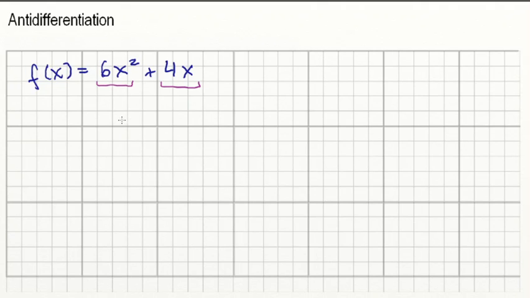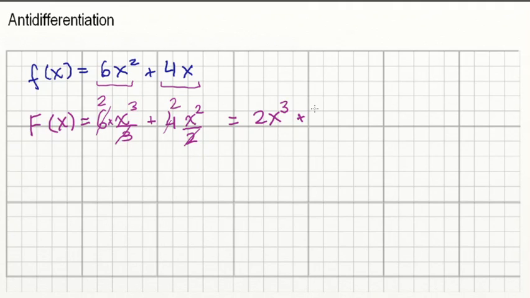Well, we already know that we increase our exponent by 1 and divide by the exponent, and let's multiply by this. Plus, now 4x, so x will increase to x squared and we'll divide by 2 and multiply by 4. That's our antiderivative. And if we go forward here, we would simplify this, 6 and 3, we get 2x to the power 3 plus, and here 4 and 2, we get 2x squared.